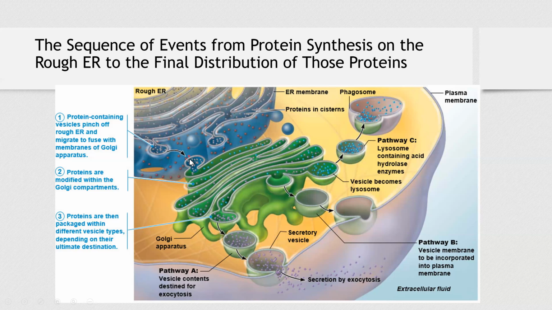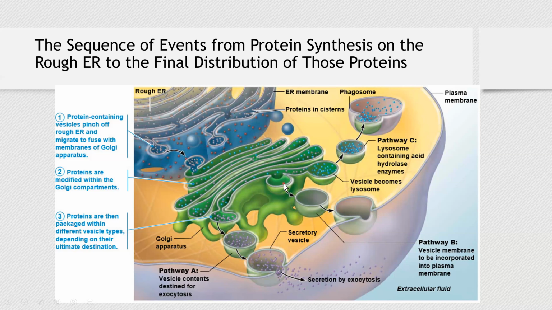This is where transport vesicles arrive. Then proteins move through the Golgi, and we have lots of enzymes there as well that will modify those proteins, and they will package those proteins in different vesicles. Now we call them secretory vesicles, on the trans surface or maturing face.